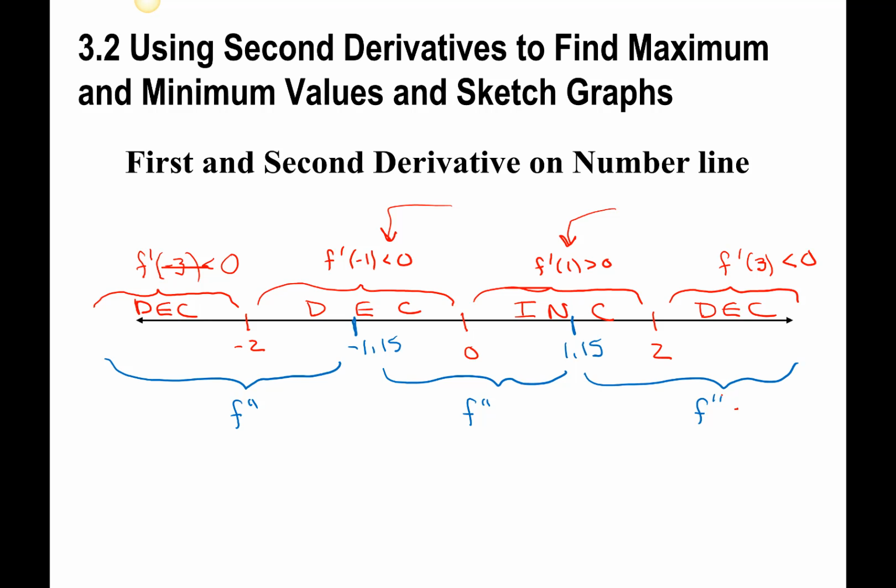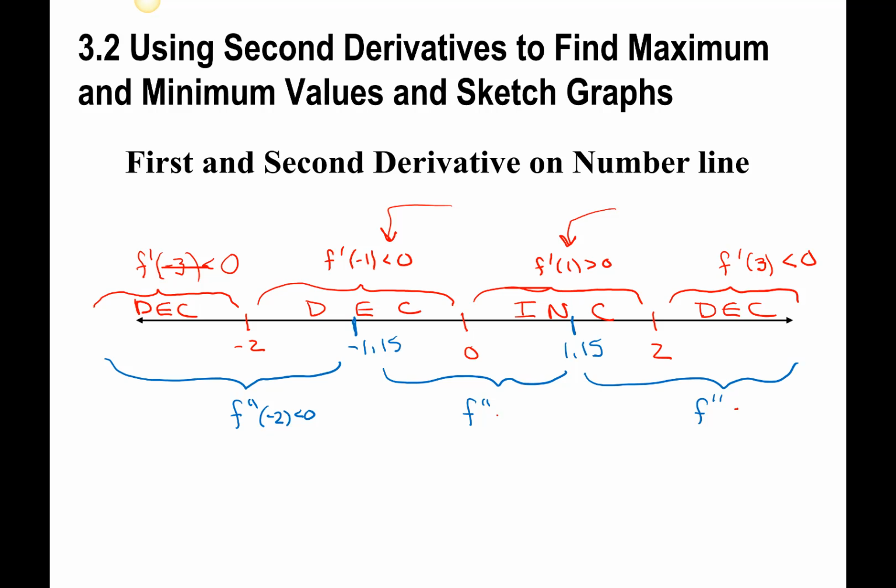So I can go back to my table. We're probably going to have to finish this up next time, aren't we? I want a number to the left of negative 1.15. Well, I've already got something up there. Oh, look, I have this negative 2. And if I go to the third derivative, it's less than 0.